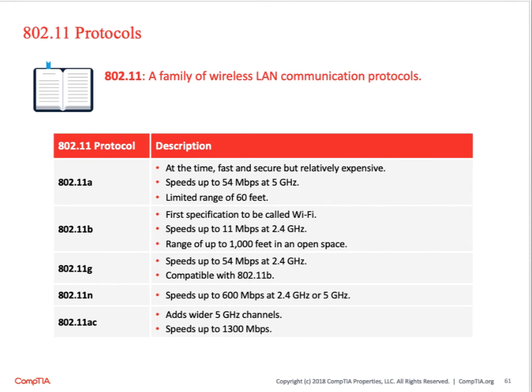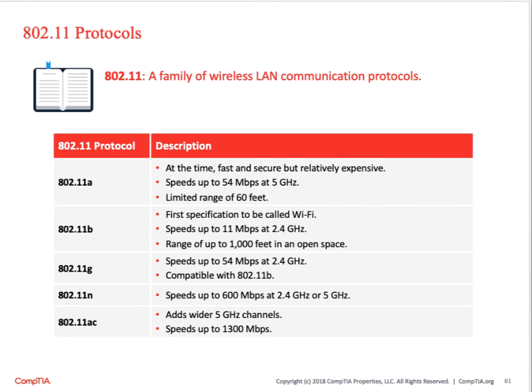First, we have 802.11a, which was created in about 1999, and 802.11a supports speeds up to 54 megabits in the 5 gigahertz frequency band. However, that speed has a limited range of about 60 feet, and depending on how we arrange our access points, it could really limit our mobility.